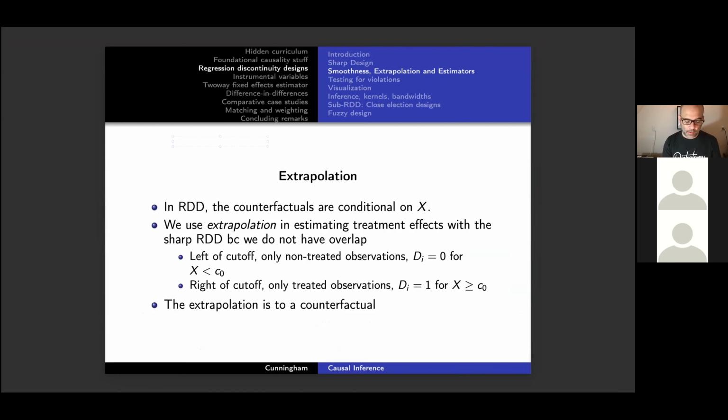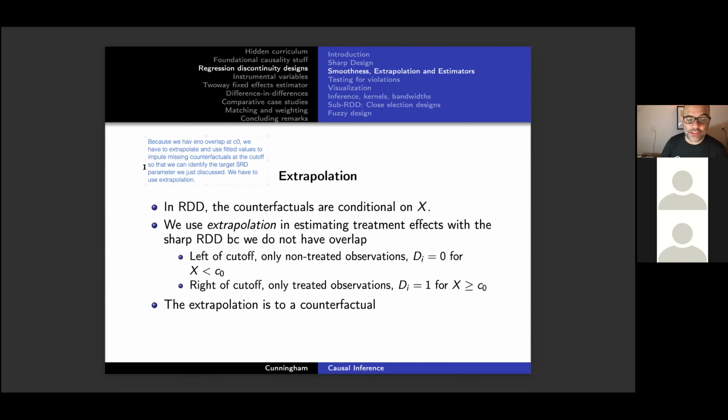Because we have no overlap at C0, we have to extrapolate and use fitted values to impute missing counterfactuals at the cutoff so that we can identify the target SRD parameter we just discussed. We have to use extrapolation.